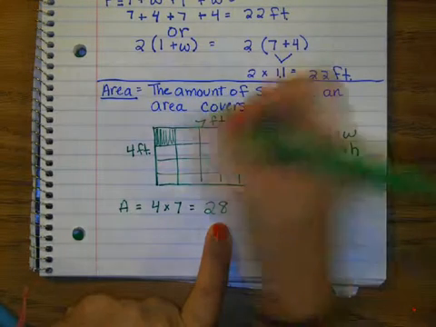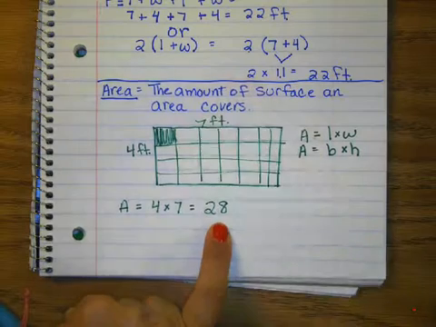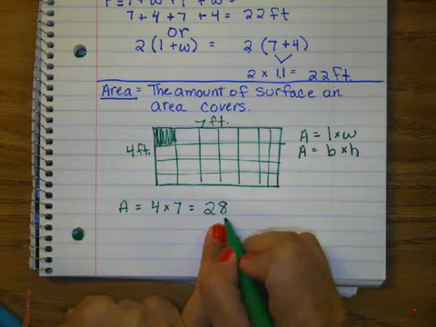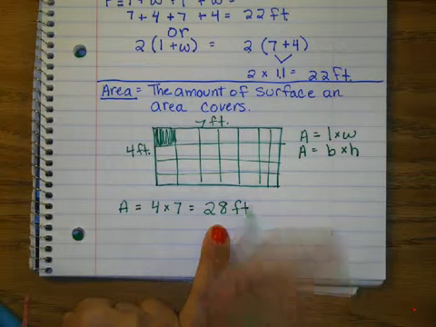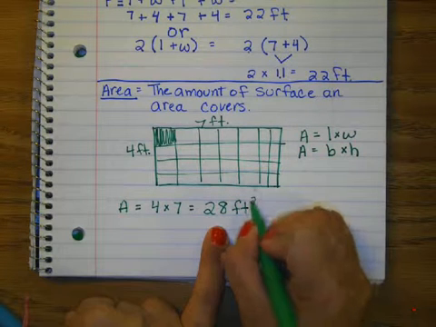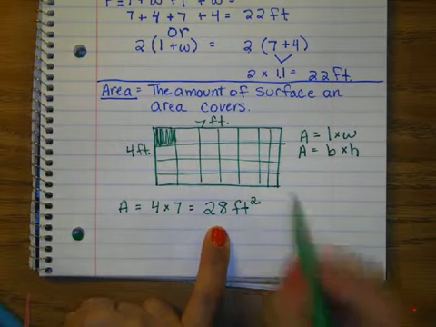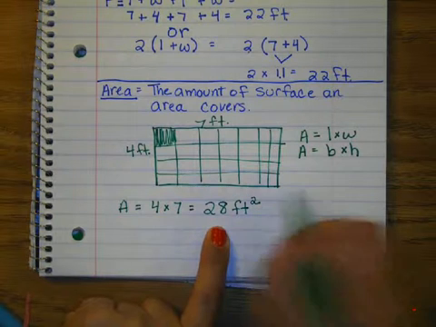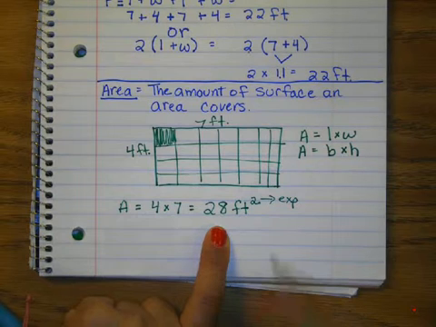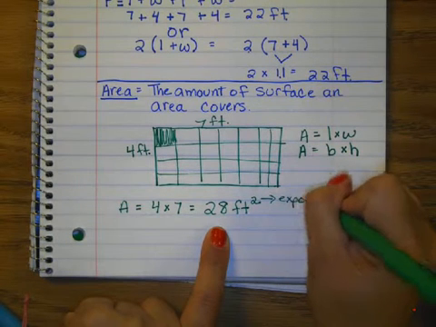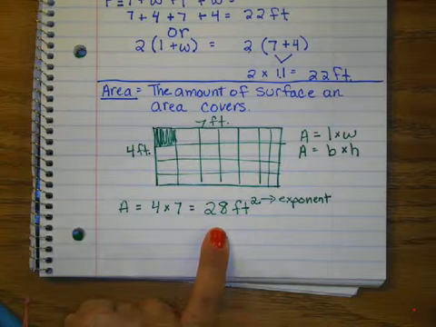So when we label our answer, we're going to say 28 feet, but it's 28 square feet. And our little 2, that's our exponent. Okay, so we're going to start labeling our area with that little 2.